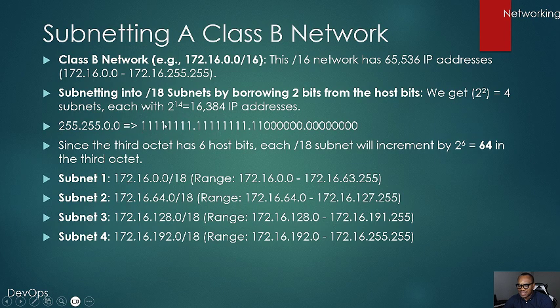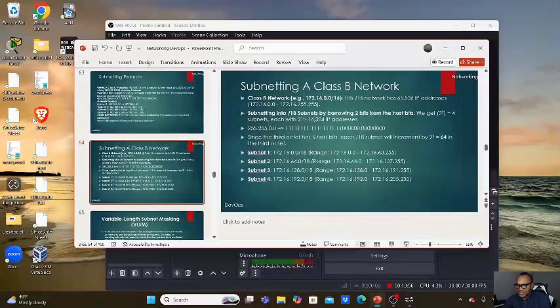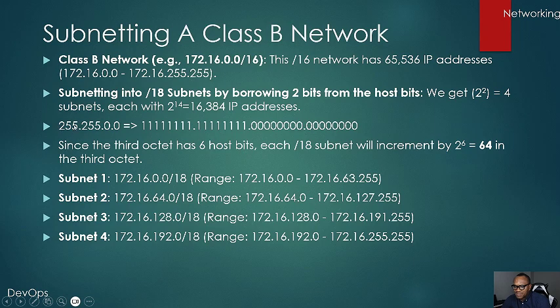This is the binary representation. Sorry, let me change this to 0 so that you won't get confused. So this is the binary representation of this subnet mask, 255.255.0.0, and we want to borrow 2 bits from the host portion.